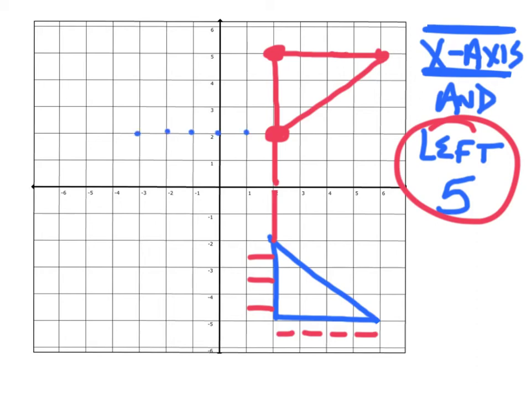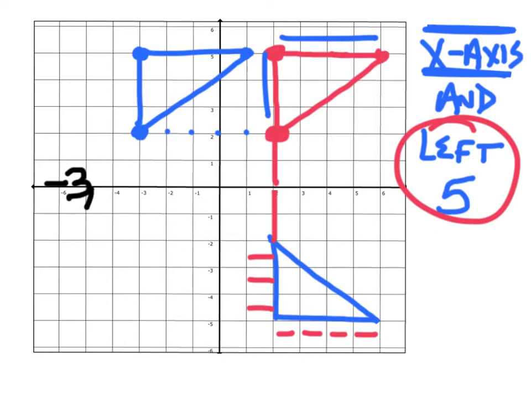There's the dot. And you know that this side here is going to be 3, so it's got to be there. And this side is 4, so if you go over 4, there's your dot. And now you have to write the coordinates, which would be -3, 2, -3, 5, and then 1, 5.